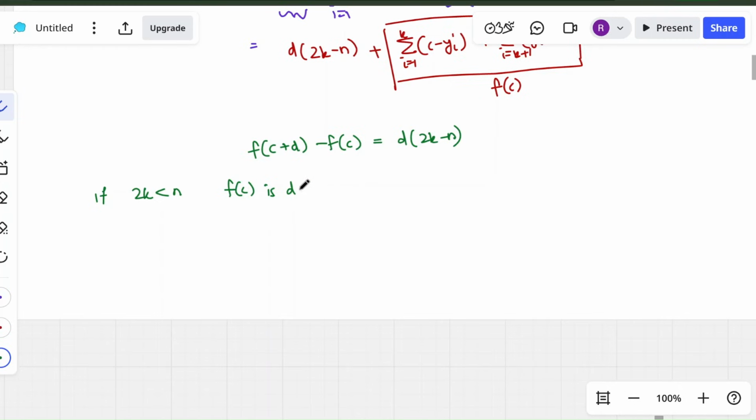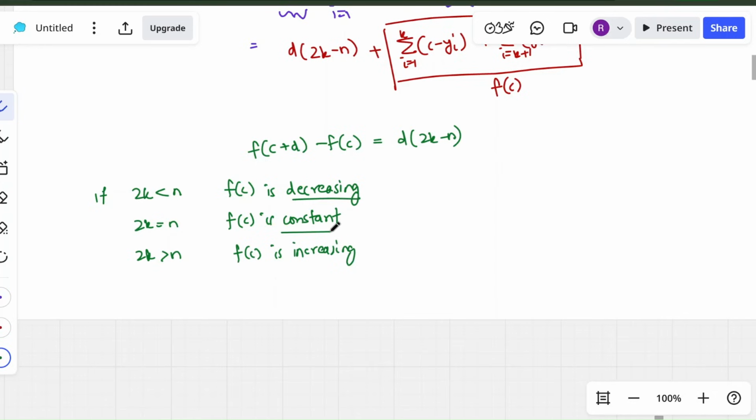And if 2k is equal to n, then f is constant. And if 2k is bigger than n, then f is increasing.